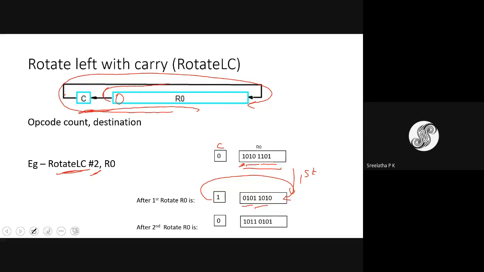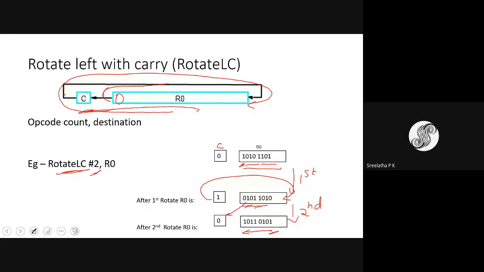So after the second shift, this is the second operation of shifting of bits. 0 is moved to the carry flag, and then the bits are shifted to the left. A free space is created.